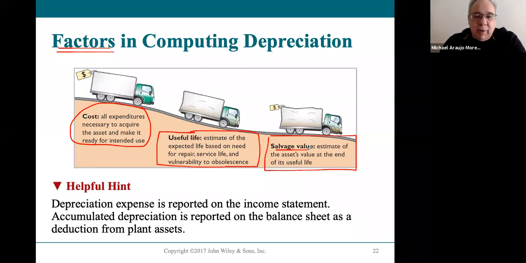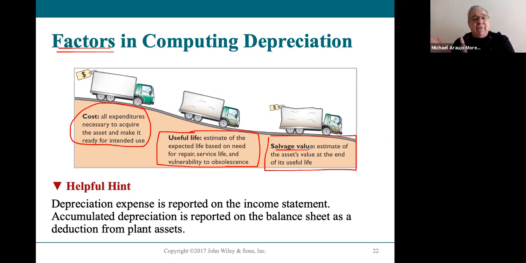However, computer equipment, no one wants to own a 4-year-old computer. So very likely computer equipment has zero salvage value at the end of its life. Because literally you wouldn't be able to give it away. I mean, even if you gave it away, you get dirty looks even from relatives. Right? Why is this person giving me a 4-year-old computer?